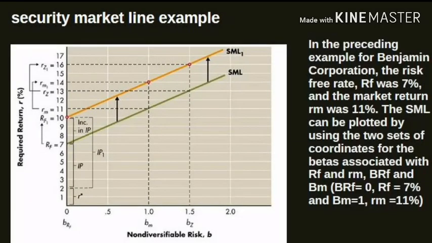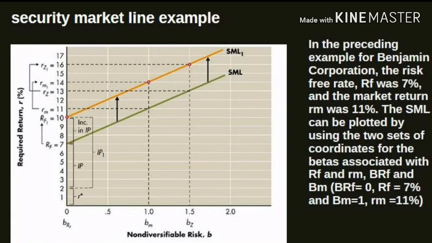So this is a security market line example, the depiction of the CAPM as a graph. And still we continue with Benjamin Corporation's asset Z, and the risk as measured by beta is plotted on the x-axis, and the required returns are plotted on the y-axis.